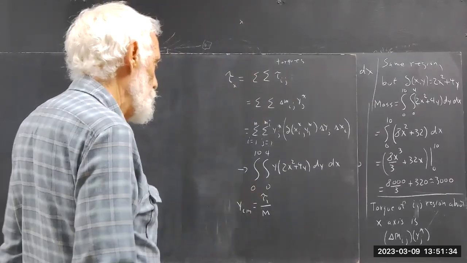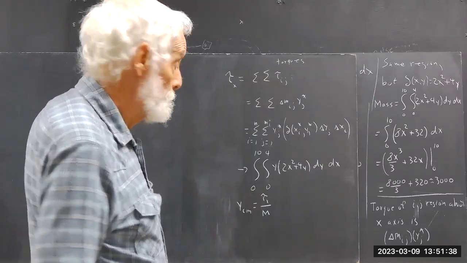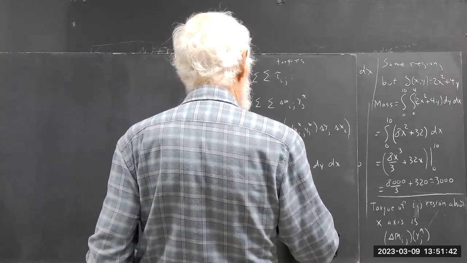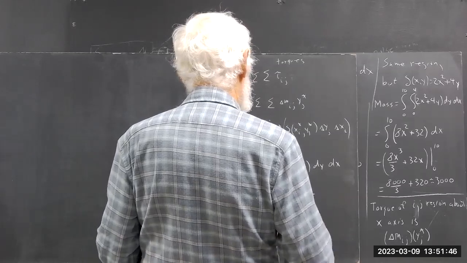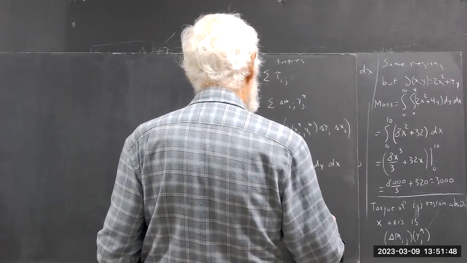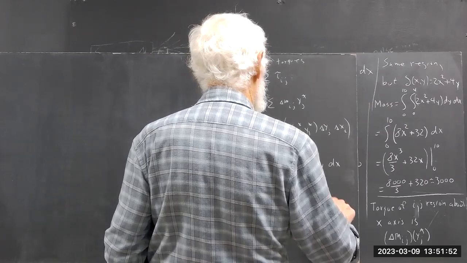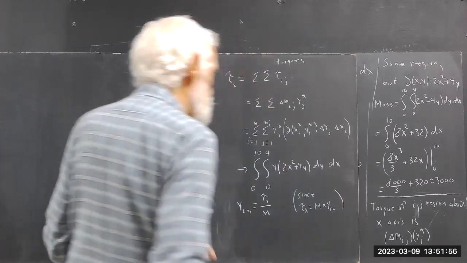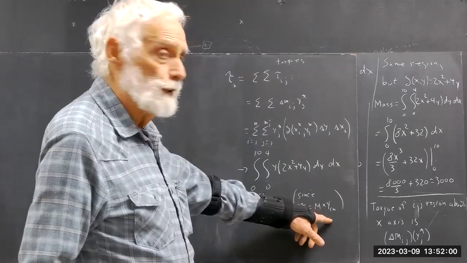Torque about the x-axis divided by the mass. And why that? Since torque about the x-axis is the mass times the y center of mass.